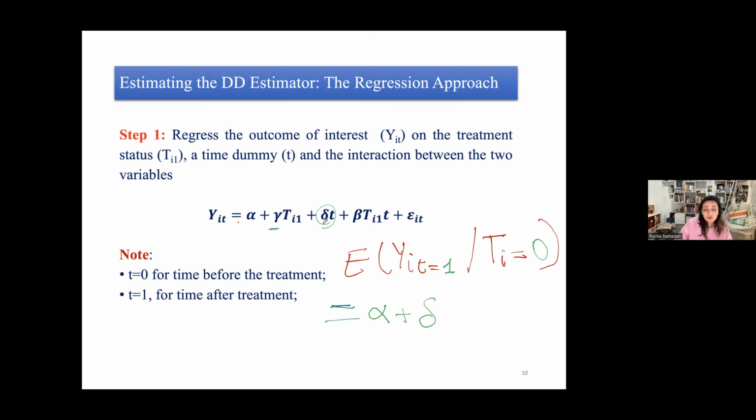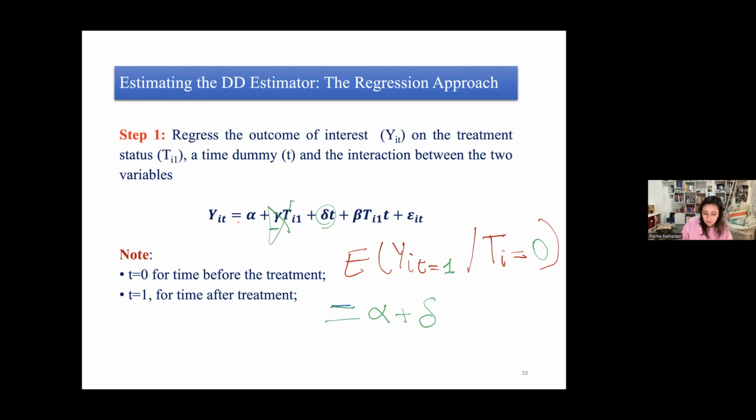Yes, so as Rashida said, it will be equal to alpha because alpha is not multiplied by anything, plus gamma multiplied by T capital, which is the treatment, but I know this individual is not treated. So T equals 0, so this one will be eliminated, plus delta multiplied by T for the time dummy. And we know that we are talking about the expected outcome at period t equal 1, which means after the implementation of the program, so it will be delta by 1, which is 1.